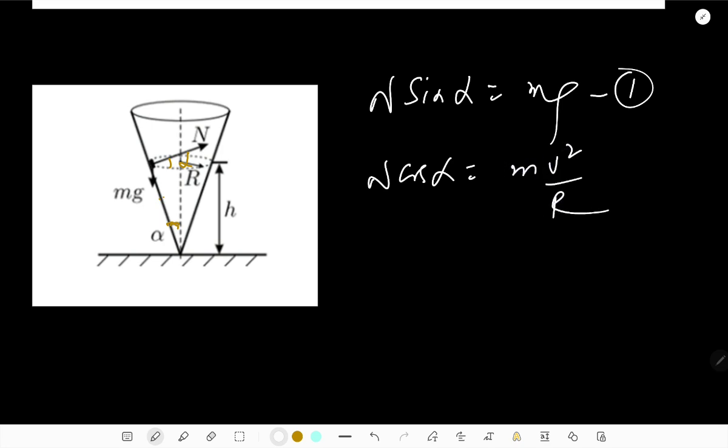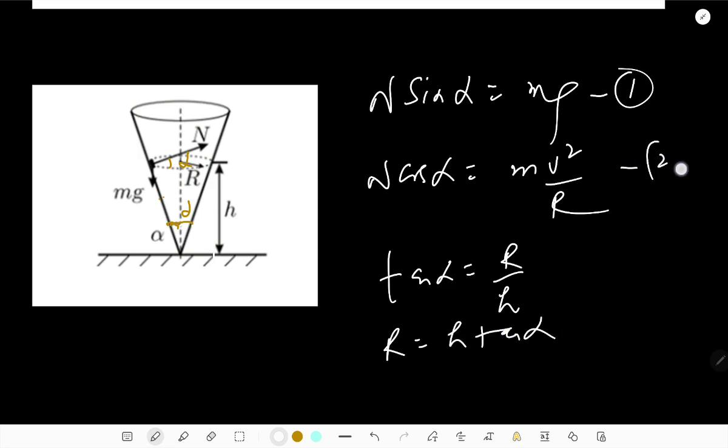And look, there is a relation between r and h. R is this and h is this height, and this angle is alpha. So you would like to write tan alpha equals r by h, so that r becomes h tan alpha, and we have those three equations.